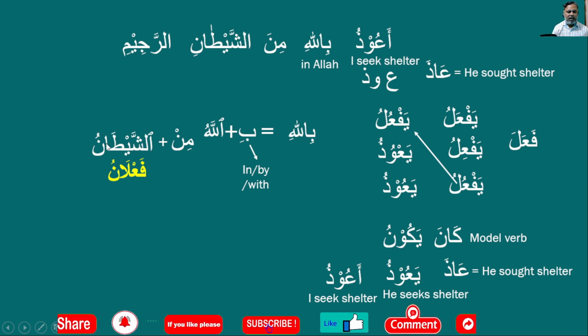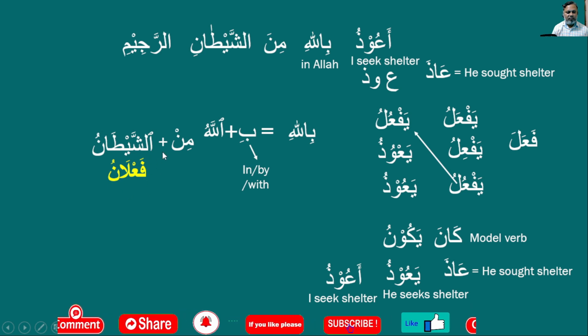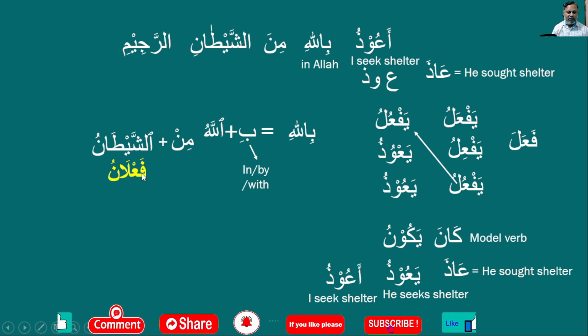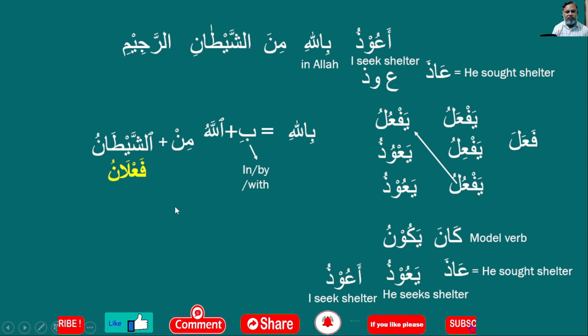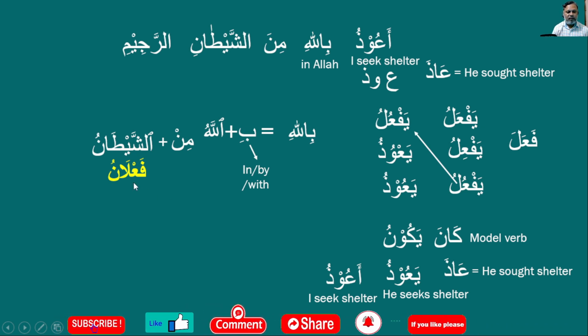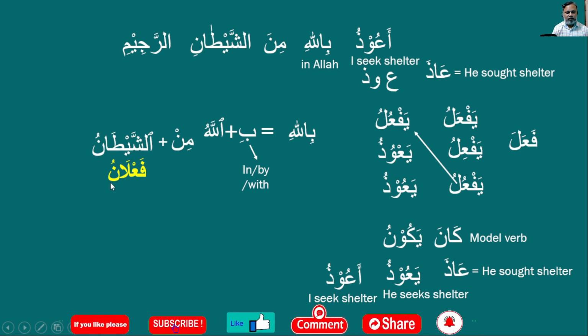Falanu, shaitanu. So this pattern, if you can remember, we have discussed in our derived noun and adjective lesson. This formula is used, ashaitanu.